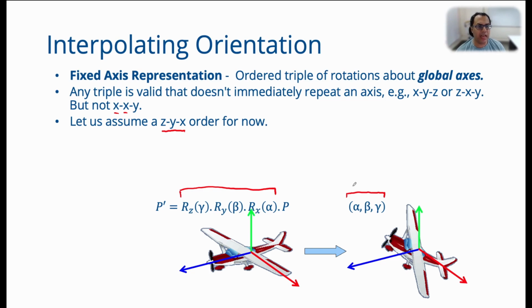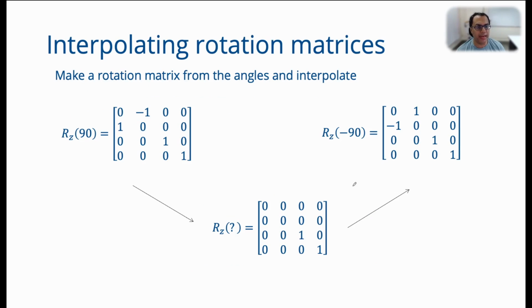So let us see how we can interpolate given such a representation. Well, you might think that you want to create the rotation matrices from these angles and then interpolate the terms of the rotation matrix directly. So what happens if you do that? Here is a rotation around the z-axis by 90 degrees. Here is a rotation around the z-axis by minus 90 degrees.